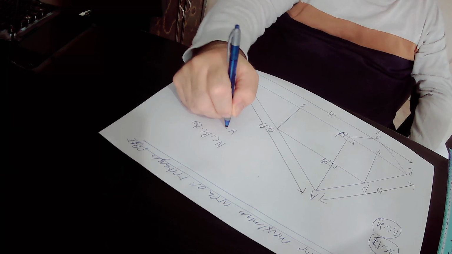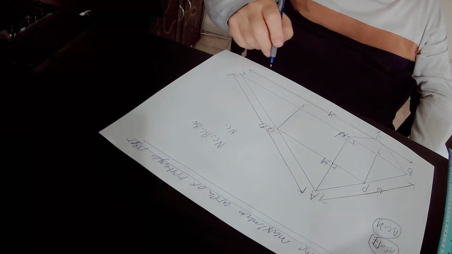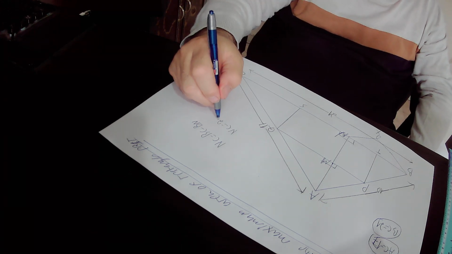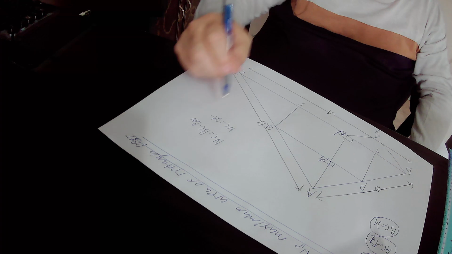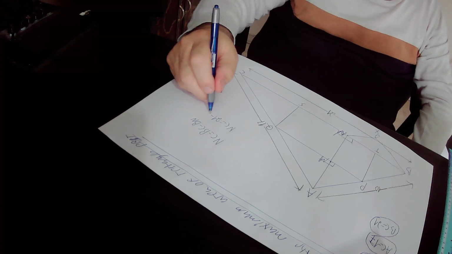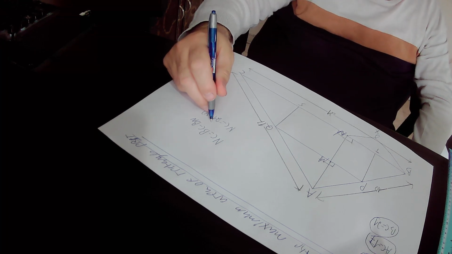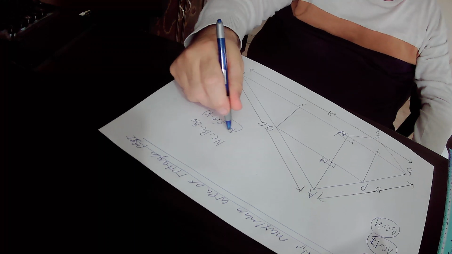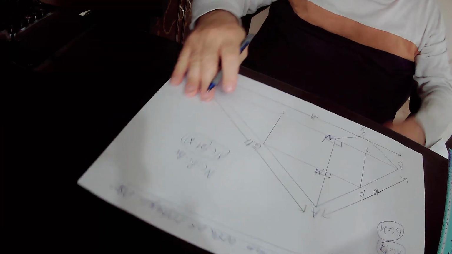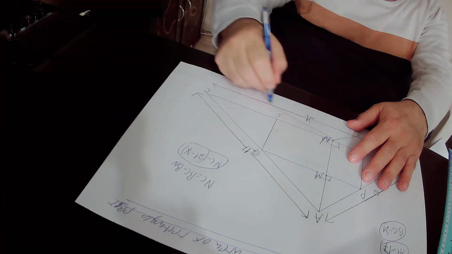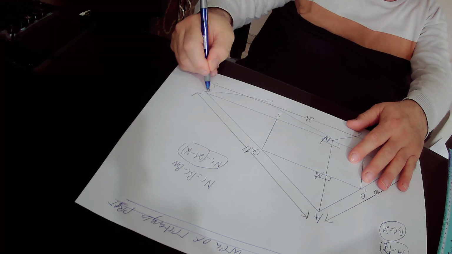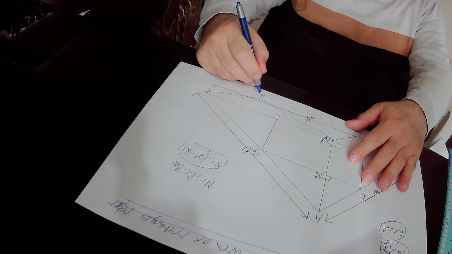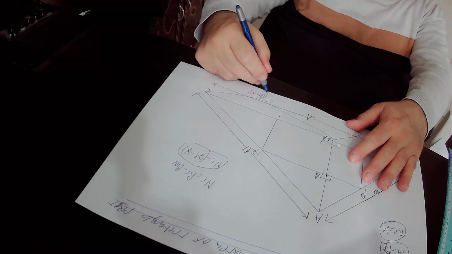So NC equals BC, BC is 21 according to what is given in the question, minus BN. BN is x according to our definition, therefore in total NC equals 21 minus x. This is NC, and it equals 21 minus x units in its length.